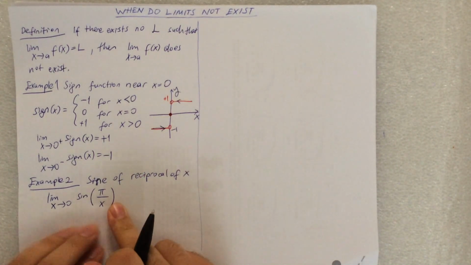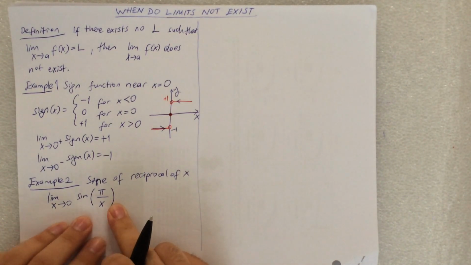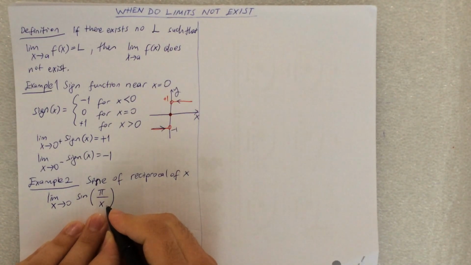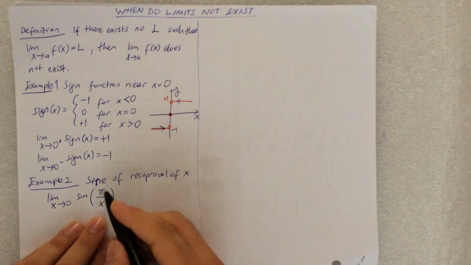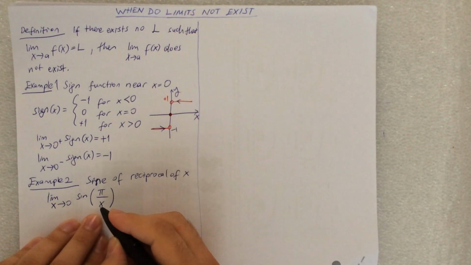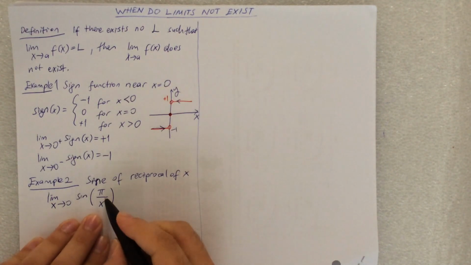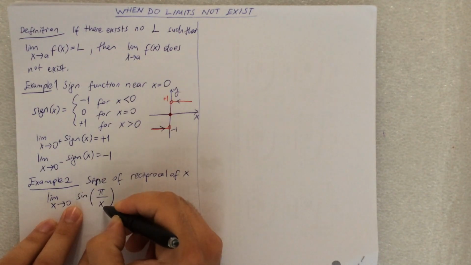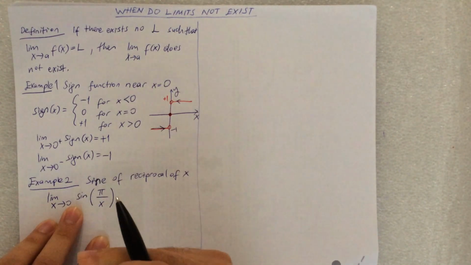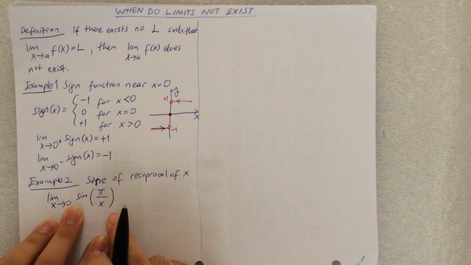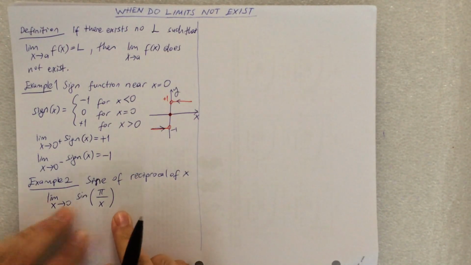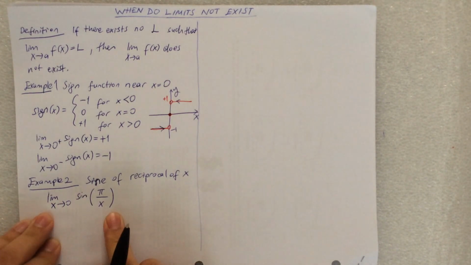This limit does not exist either, because as x approaches 0, pi divided by x becomes larger and larger, and the value of sine of pi divided by x is going to be between -1 and +1, but we are not going to get close to any specific value, which means that this limit does not exist.